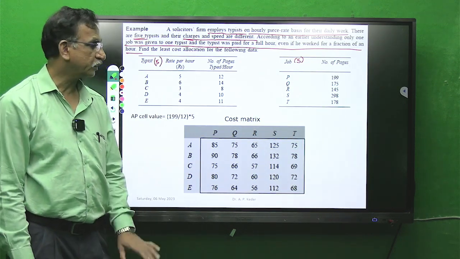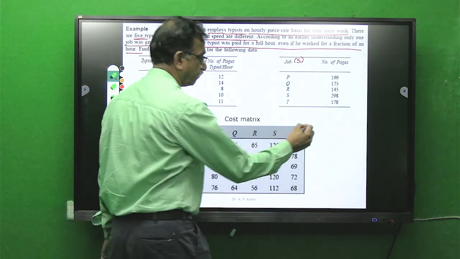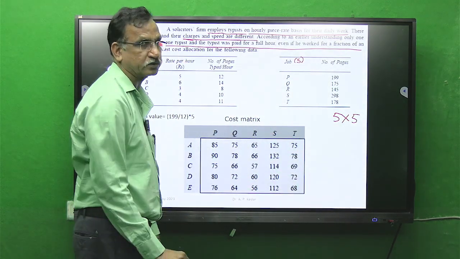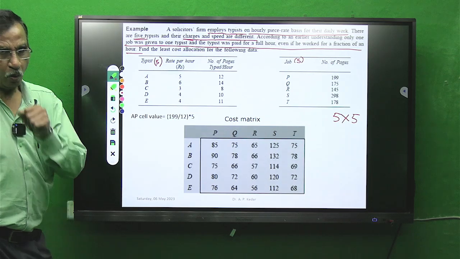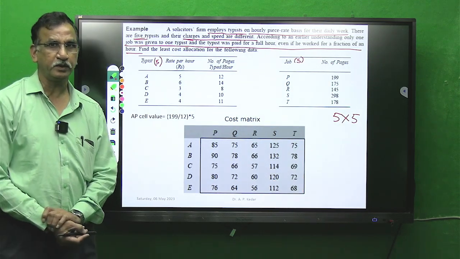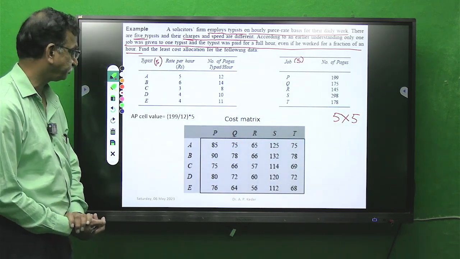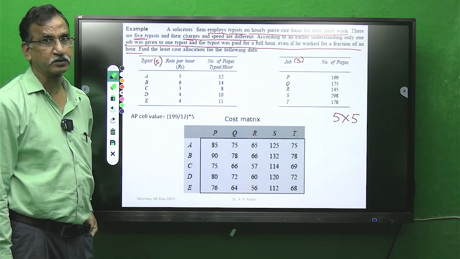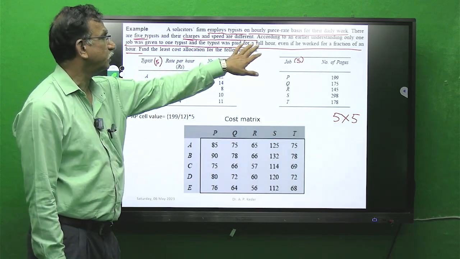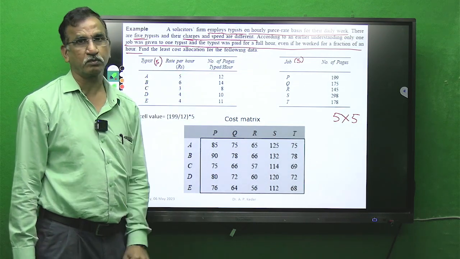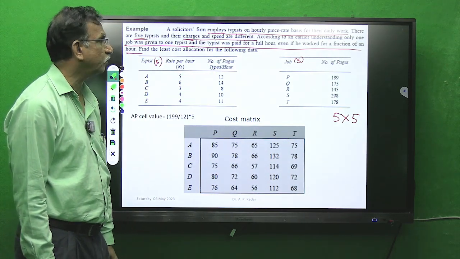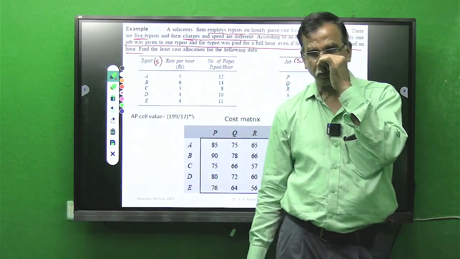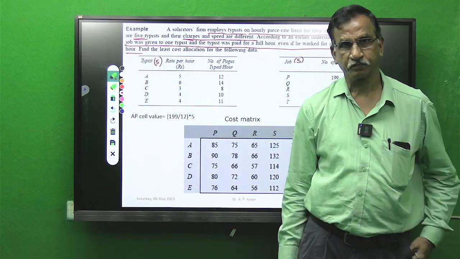So now it is very clear that this is a 5 by 5 matrix. No need to add a dummy row or dummy column. But you have to construct the appropriate matrix. What is given is that even a typist who works for a fraction of an hour will be paid for a full hour. We know that 1 hour is equal to 60 minutes.